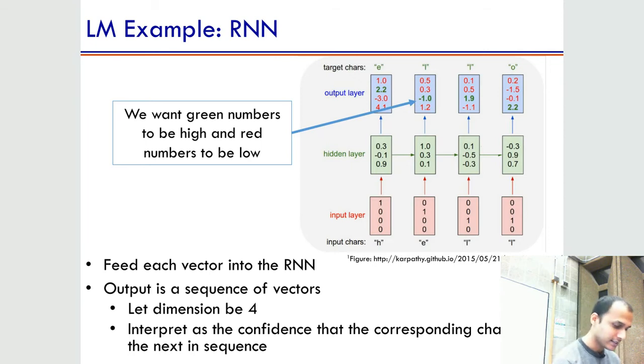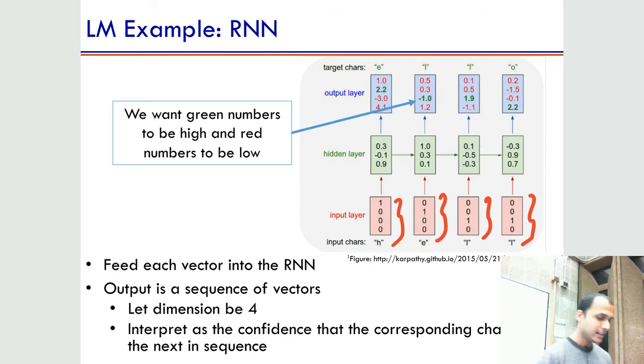Which means I have 4 words in my vocabulary. Let's say H is this one-hot encoded vector, E is this one-hot encoded vector, L and L are this one-hot encoded vector. Then a particular version of this sequence learning problem is that, given this vector, I compute this hidden output.